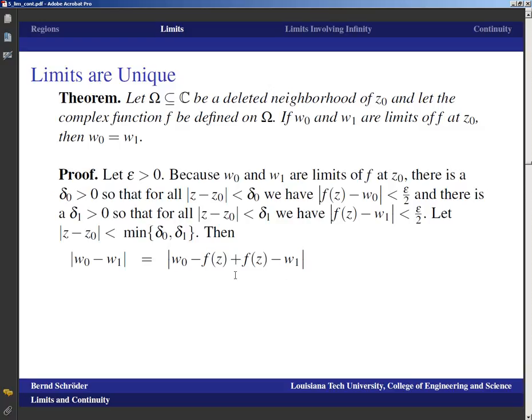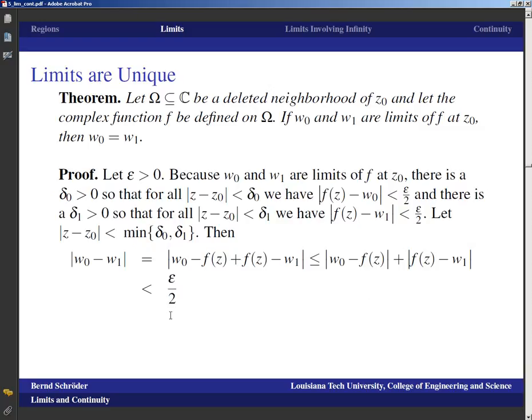Well, now we're going to use the triangular inequality. And we know that the absolute value of something is always less than or equal to what we get if we take the absolute values of the individual pieces. And so this is therefore smaller or equal than |w0 minus f of z| plus |f of z minus w1|. Okay, but now remember, |z minus z0| is smaller than delta 0 and smaller than delta 1, so we know that the first absolute value is smaller than epsilon over 2, and the second one also.